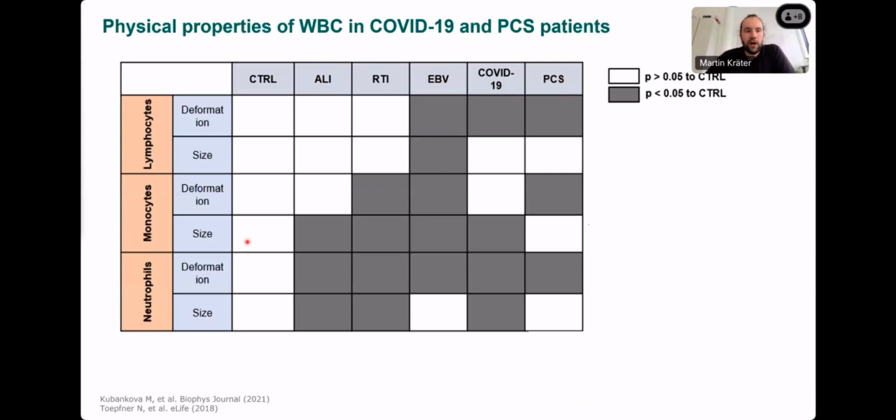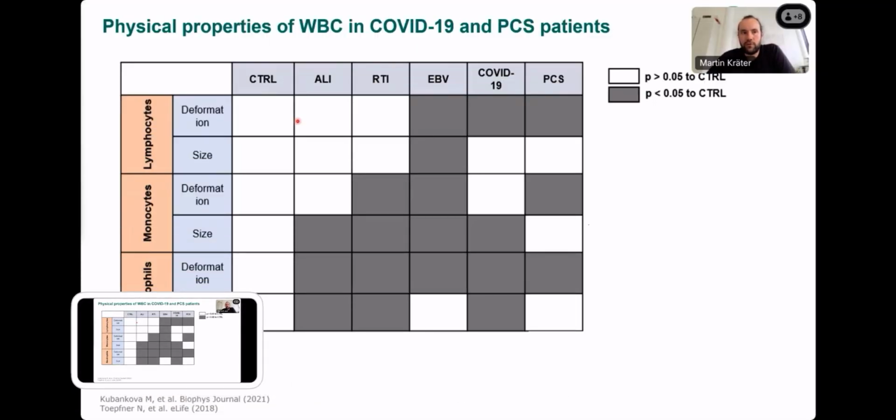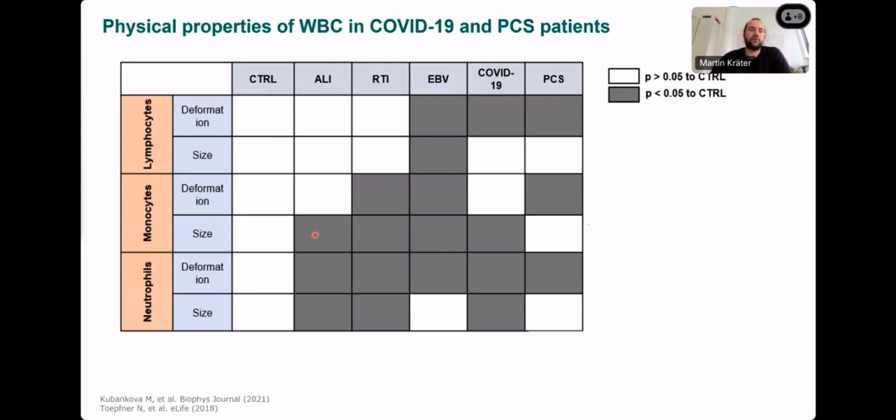And we took arbitrarily 6 different features. We looked at lymphocytes, monocytes, and neutrophils, deformation and size of each of these cell types alone. And what I plotted here is white when there is no difference to the corresponding control set, and gray if there is a difference to the corresponding control set.